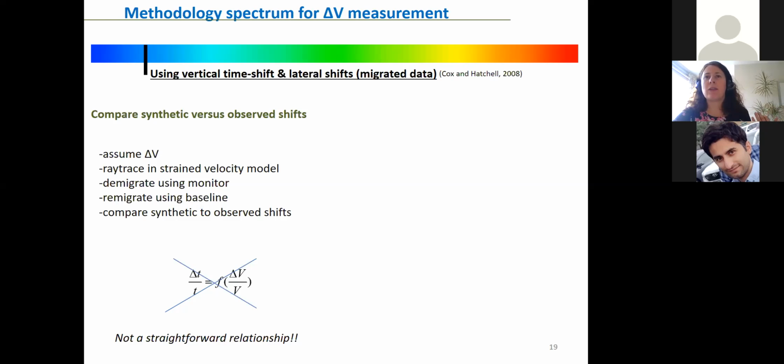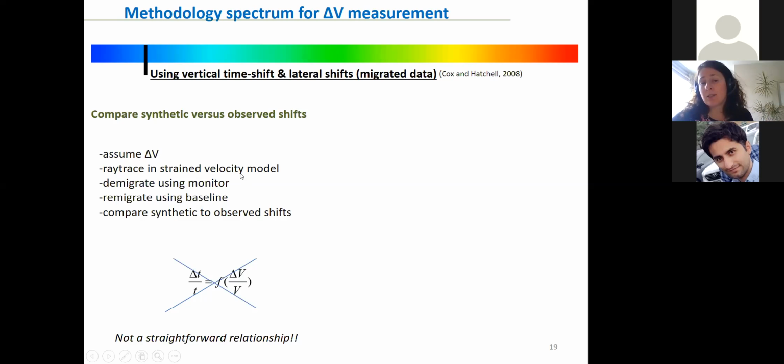And then if we compare synthetic data with bad processing and field data with bad processing and they match, then we can say, okay, we can now have more confidence in this velocity model. Okay, so the method is you have to assume your change in velocity.